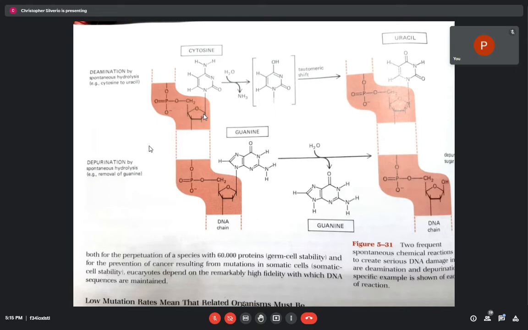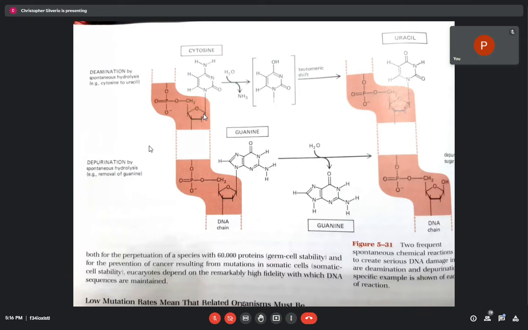Again, Pax? Since the DNA on the left-hand side of the illustration shows the cytosine, when there is the amination, the cytosine will be changed, converted to uracil.